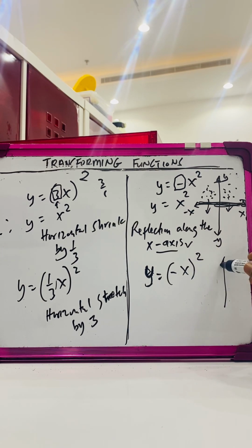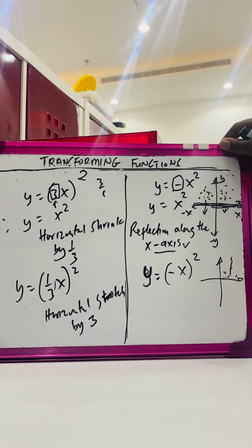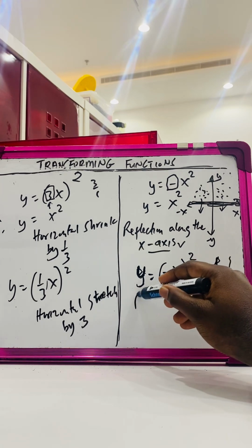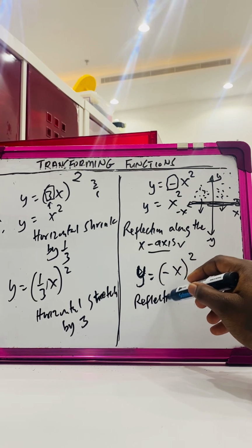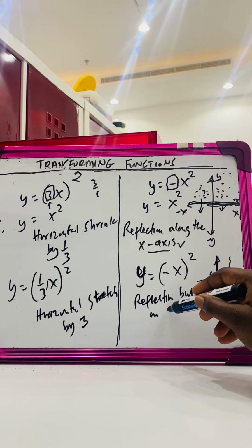So again, I can put my coordinate plane to see what is happening. If my x values are here, and then they are all going to be negatives, what that means is there has been a reflection, but this time the mirror is on the y-axis.